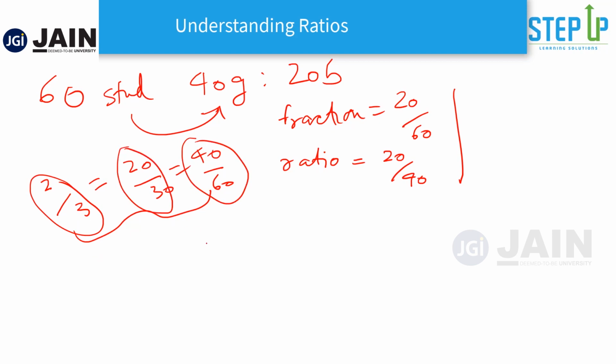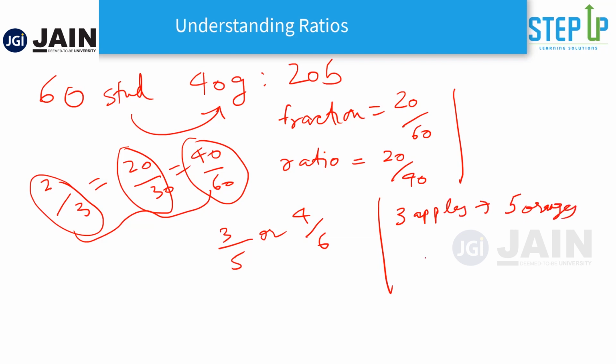Now another important thing to note is if something is given as a ratio of, let's say, 3 by 5, or 4 by 6. What does this mean? They say do not compare apples to oranges, but I will tell you, you can do so with the help of ratios. So if I say for every 3 apples, you have 5 oranges, the ratio of apples to oranges is 3:5.